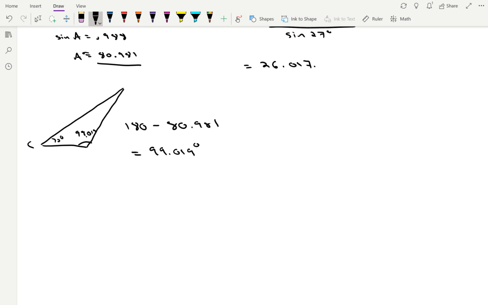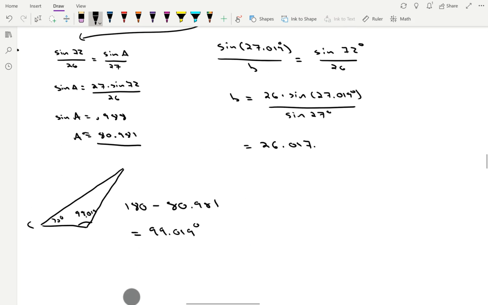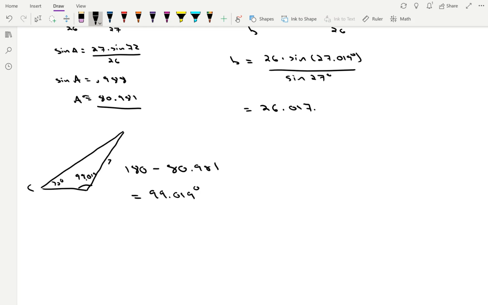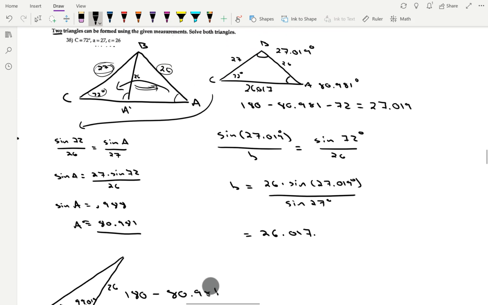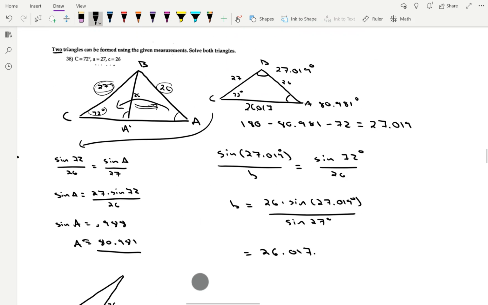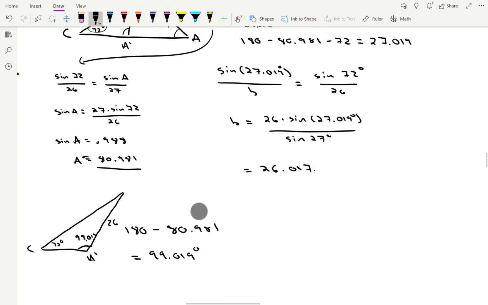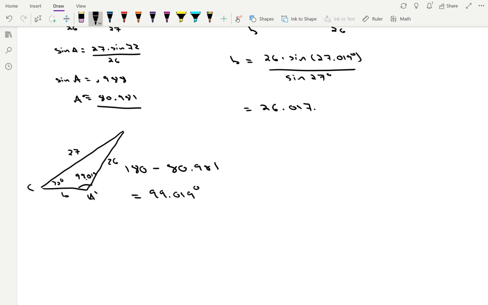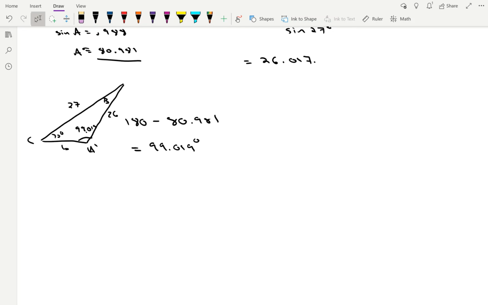Okay, so now I have this angle here, and I was given in the beginning that across from C is 26, so we know that's 26, and we were told that A was 27, so that was the A prime. So this guy is still 27. He hasn't changed. The only things that have changed are this little b and this big B.